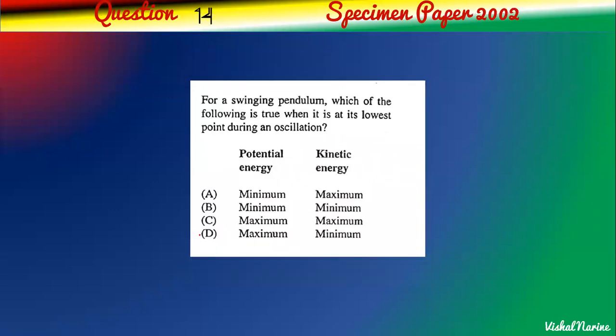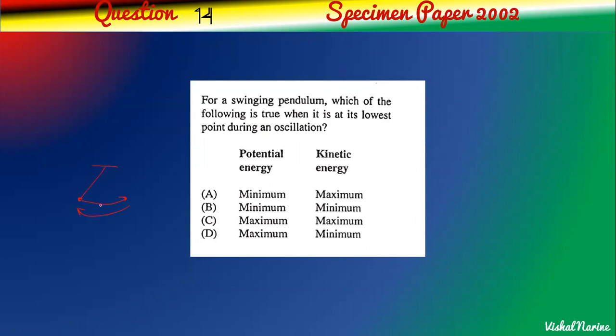Question 14. For a swinging pendulum, which of the following is true when it is at its lowest point during an oscillation? So if we have a pendulum and it swings this way, here it comes back.